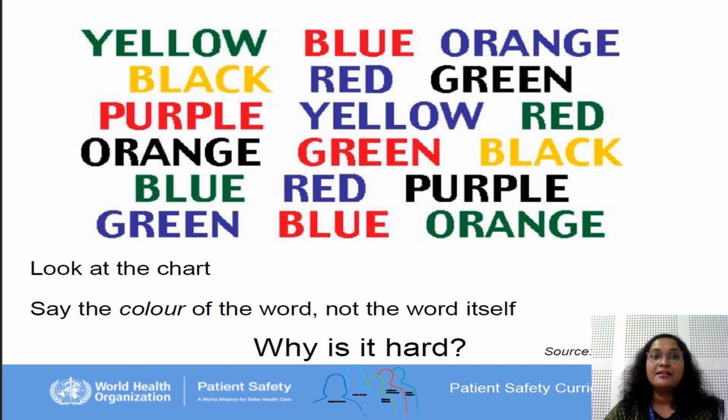That means the first word is yellow, but I am supposed to resist saying yellow and instead say green because that is the color of the print. Many normal people have a hard time performing this task rapidly and they tend to read the word itself instead of stating the print color. That shows our brain can play tricks on us, and we often tend to make poor decisions when we are loaded.